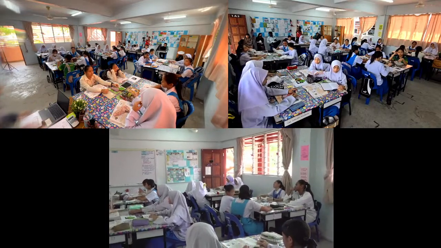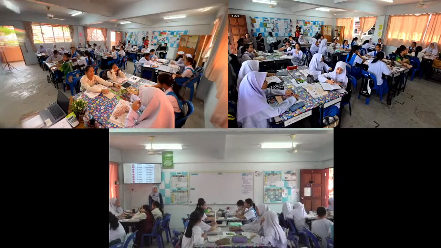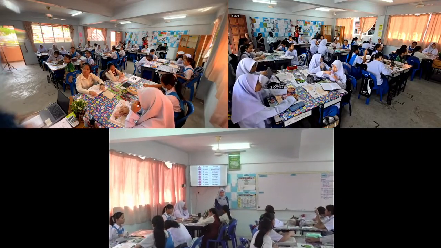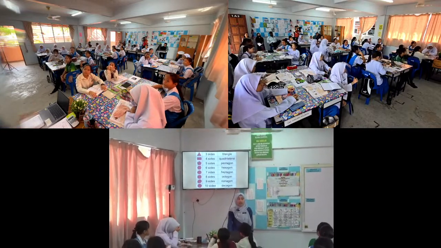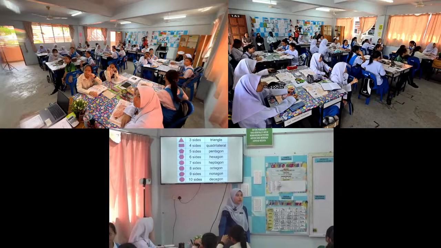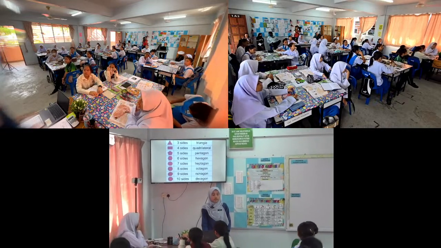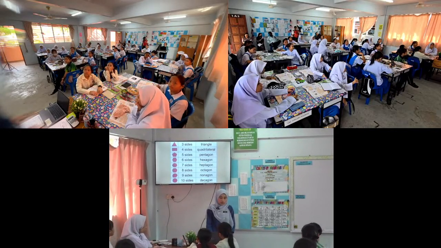So now let's learn about polygons that have more than 3 sides. When the polygon has 3 sides, we call it a triangle. When the polygon has 4 sides, we call it a quadrilateral.